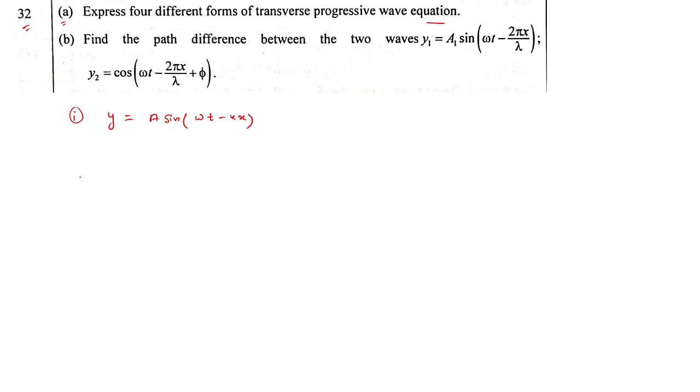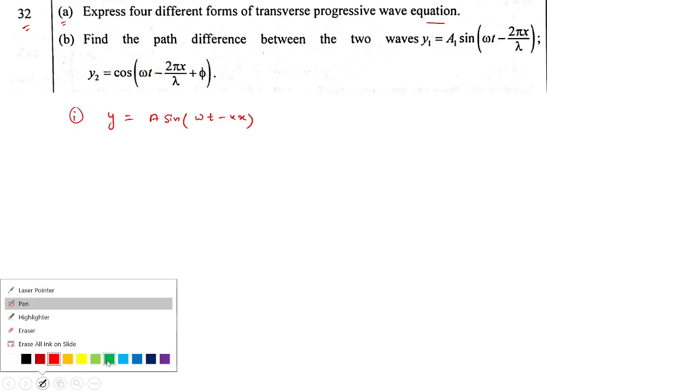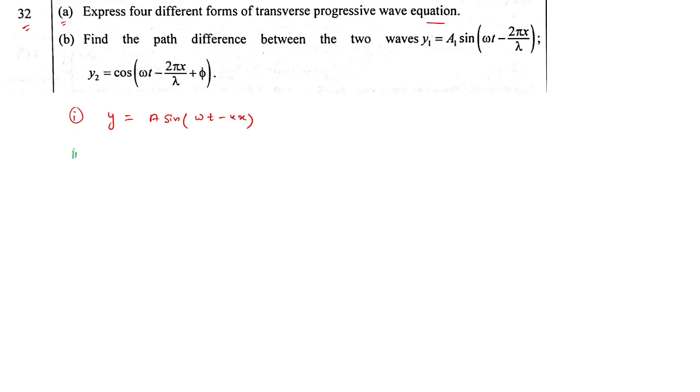Now how to write the other three forms from this equation? I am going to discuss how to do that, or how to remember that. y = a sin(ωt − kx). We write only the different forms of this argument, ωt − kx.